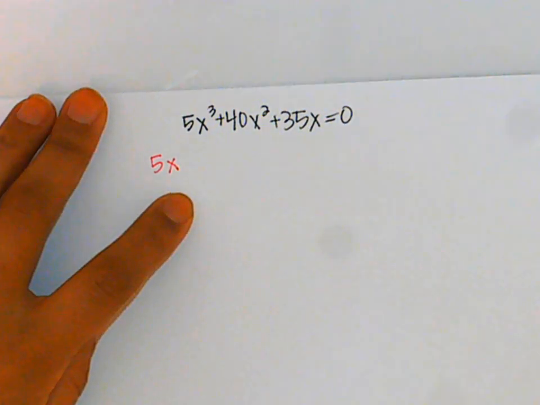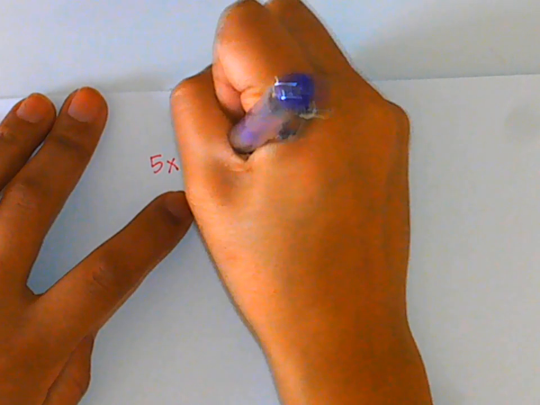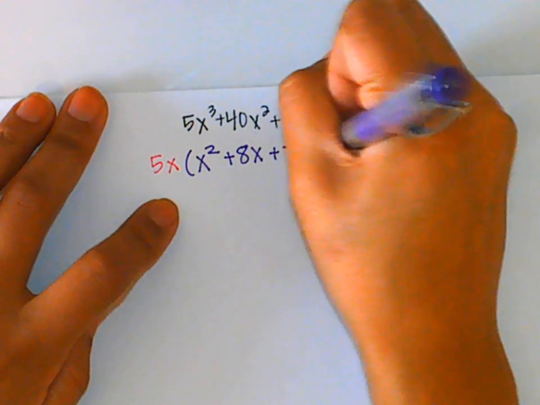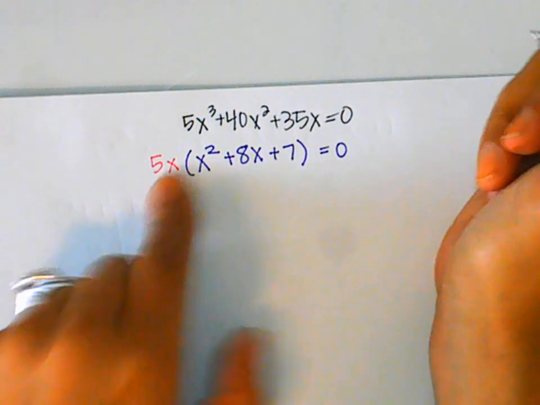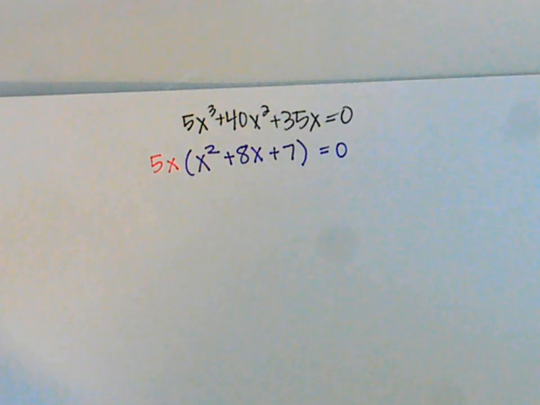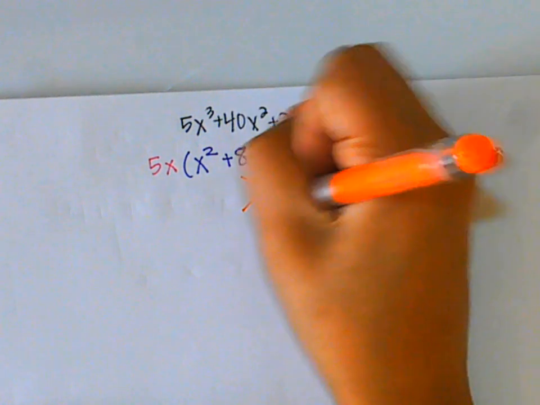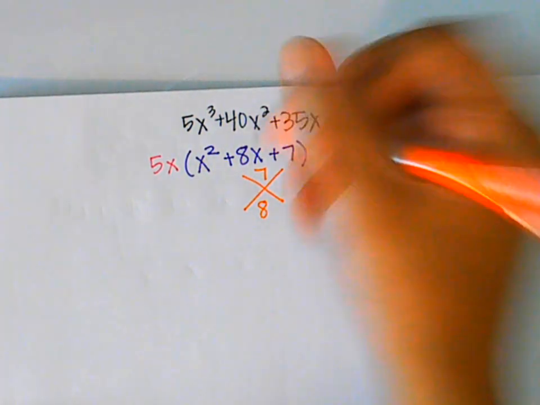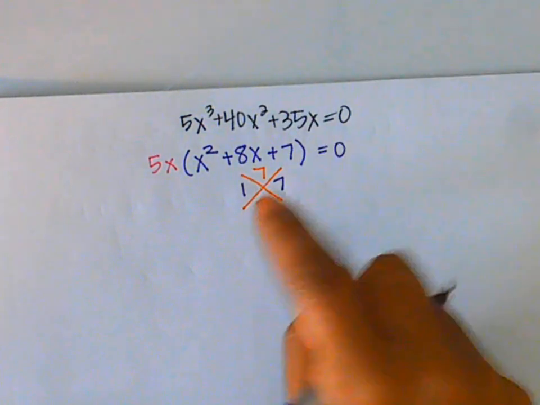And what I would be left with is x squared plus 8x plus 7 is equal to 0. So this one's already factored out. I just have to factor this here. So 7 and 8. Because my a value is 1, I don't need my box. I can just go straight from here, which would give me 1 and 7 into factored form.